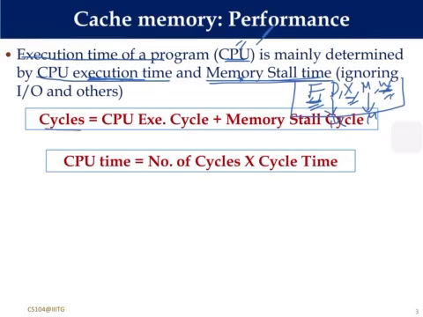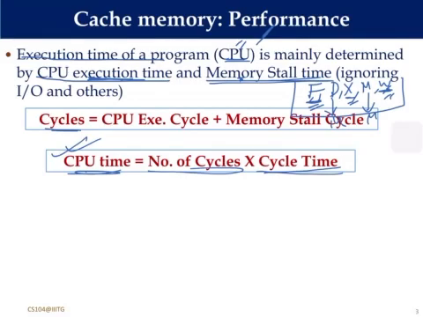Coming to the second equation, CPU time. If you know the number of cycles, then you can simply multiply it with the clock cycle time or divide it by frequency. We have already seen this formula while we discussed CPU performance.